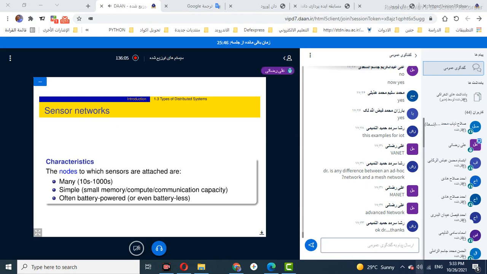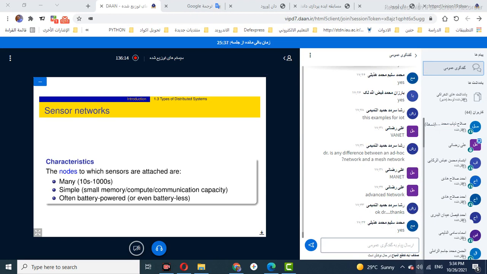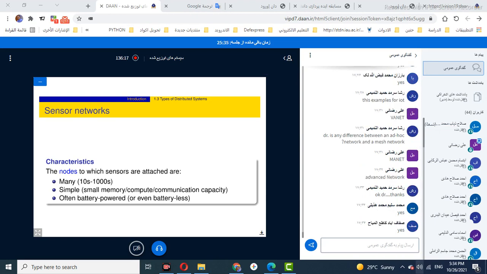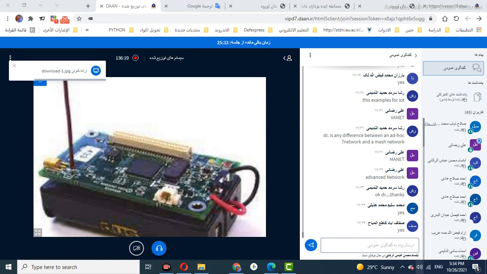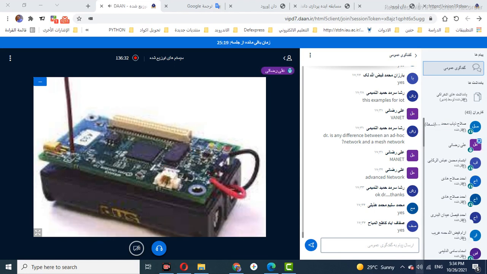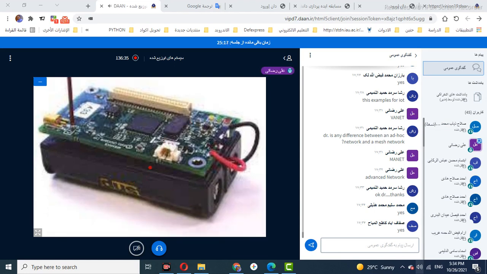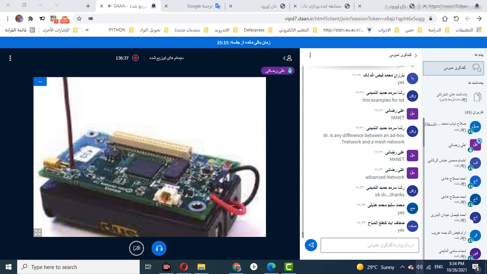Can you see the image? You guys, can you see? Okay. Look at this. This is a Mica2 sensor node.